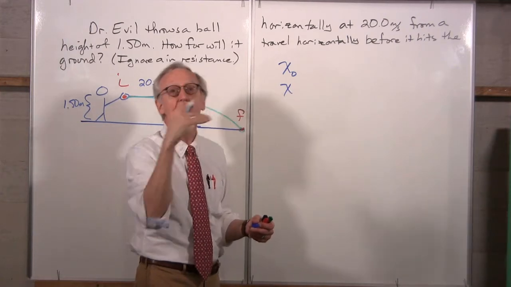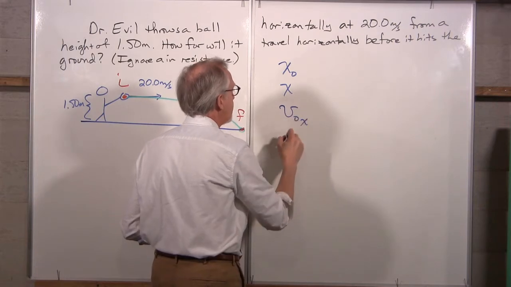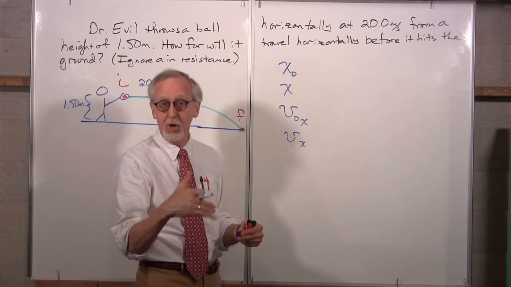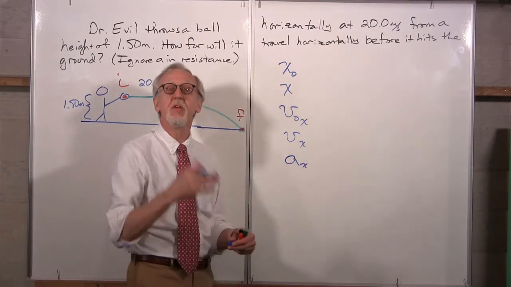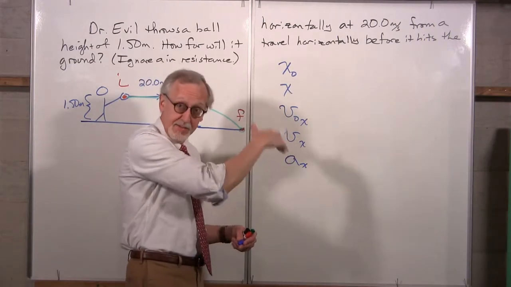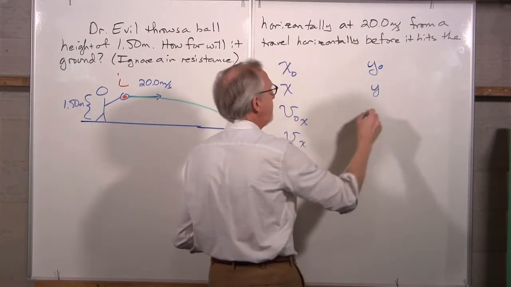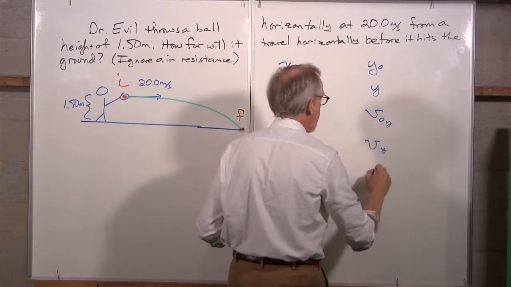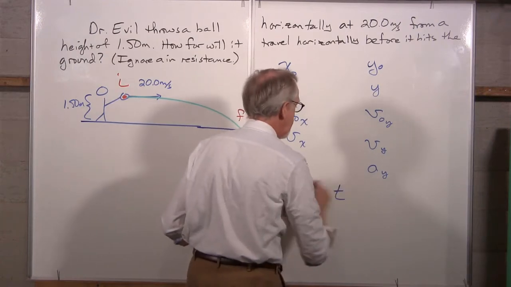So v naught x, vx. And then, not just a, but the x component, ax. Then we're going to write down the y variables, exactly like the x, but with a y instead of the x. y naught, y, v naught y, vy, ay, and then finally t.